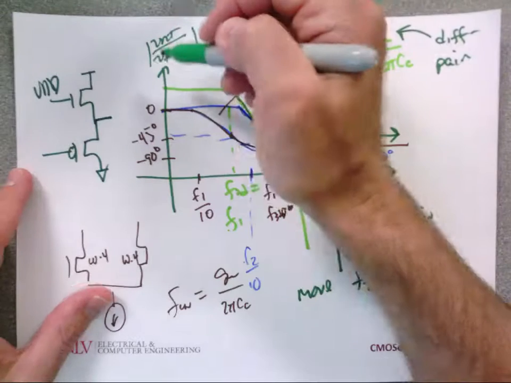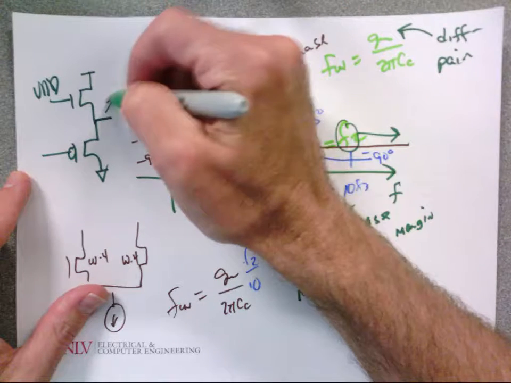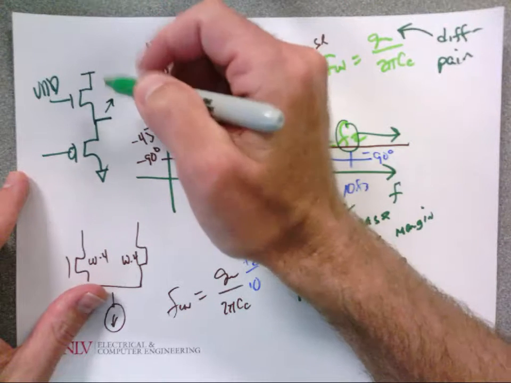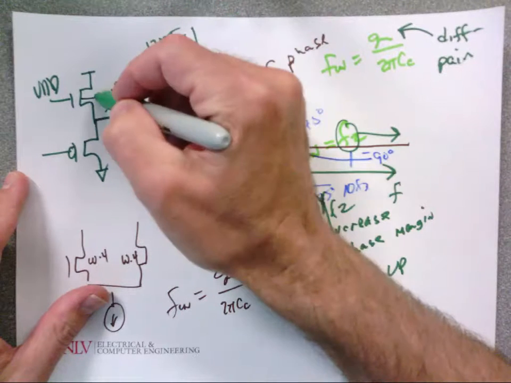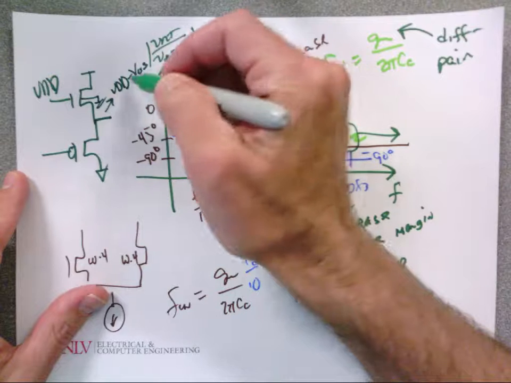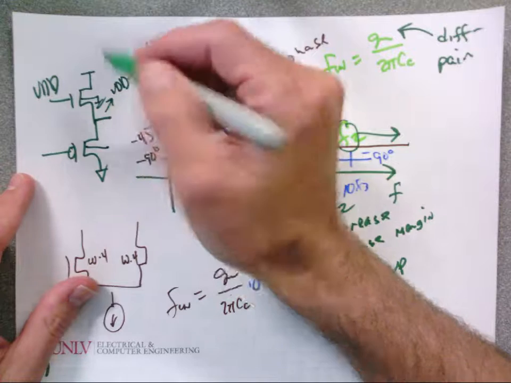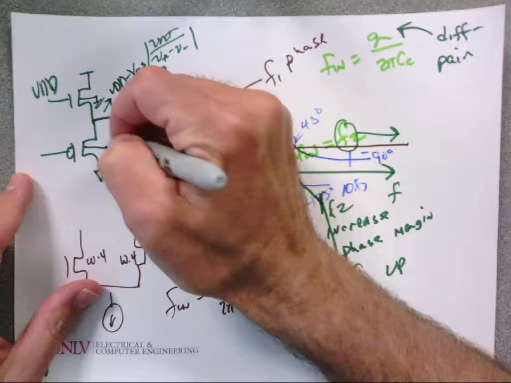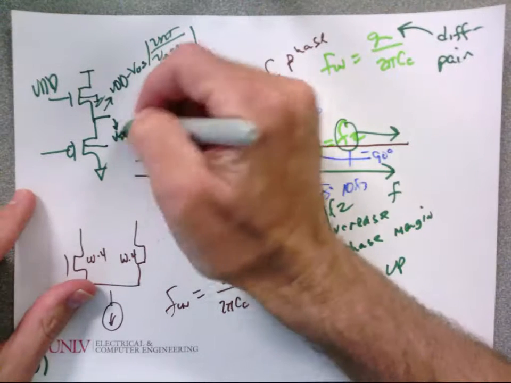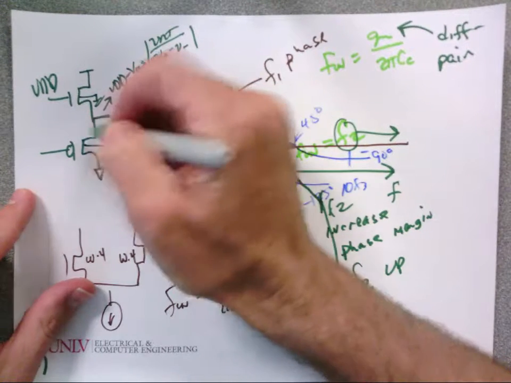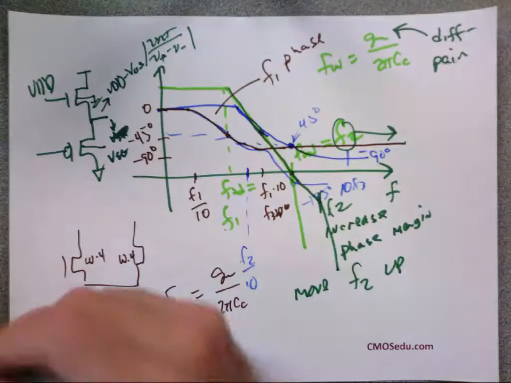Then the output can go up to at most what? And this has body effect, so the VGS is even going to be larger. And this one has body effect too, right? So it can go all the way down to V threshold P with body effect, or I'm sorry, VSG, which could be well above what I have with no body effect. So the output swing is really limited.